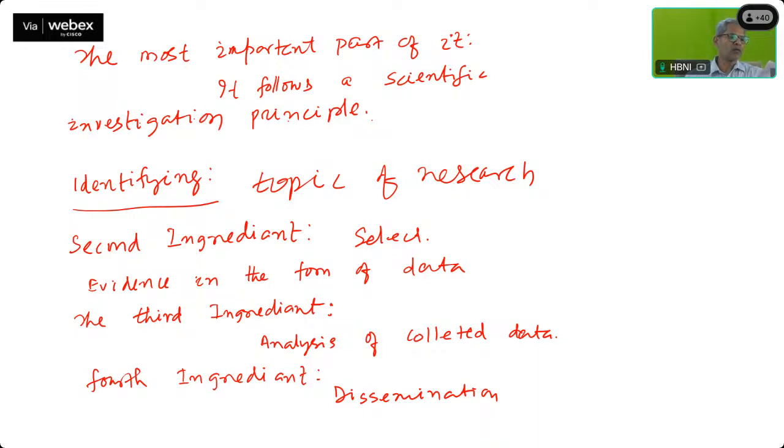So the research methodology is the overall theory of how research is done. So all these four ingredients come in research methodology.